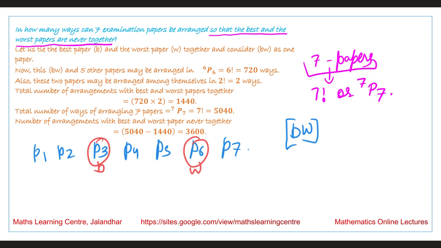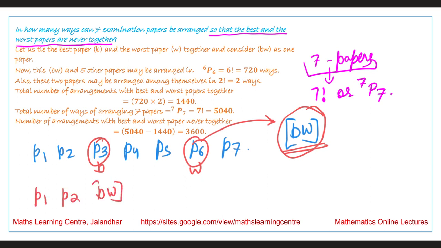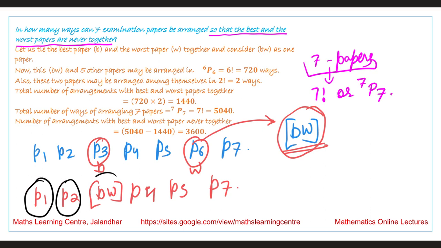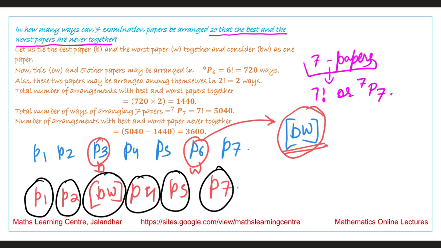We consider these 2 papers as one bundle. So now the arrangement becomes P1, P2, this BW just like an element, then P4, P5 and P7. So the total number of elements is 1, 2, 3, 4, 5 and 6.